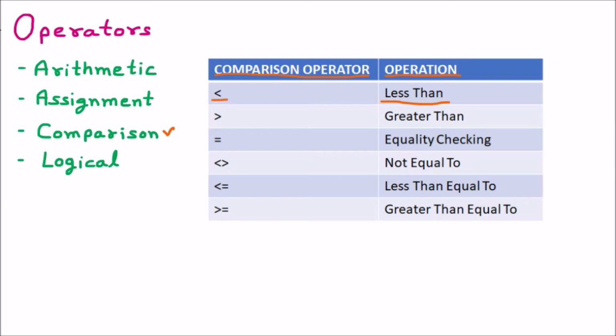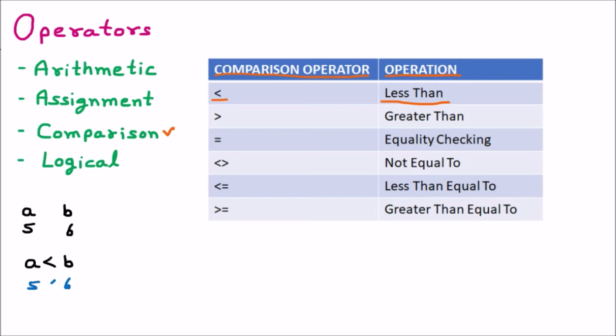Now let's assume there is a variable A whose value is 5, and variable B whose value is, let's say, 6. So these are the two variables I have taken. If I am writing here A less than B, we know that the value of A is 5 and the value of B is 6.